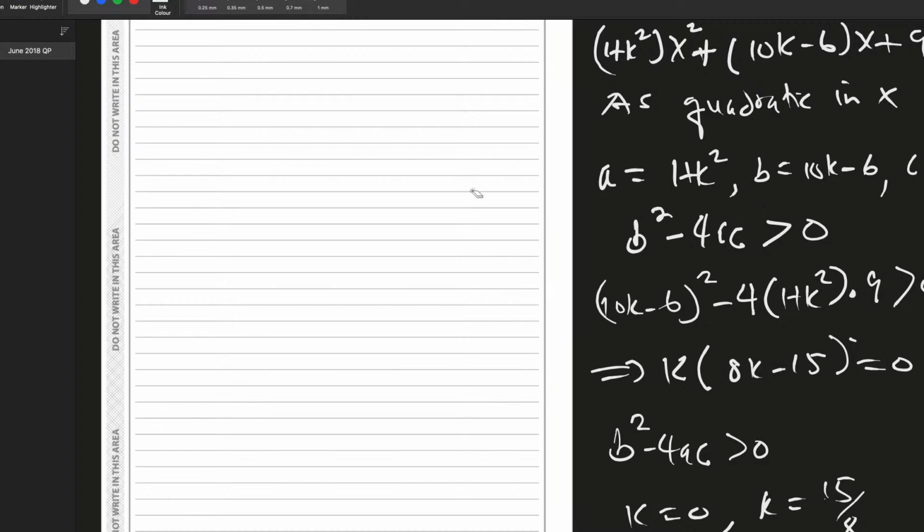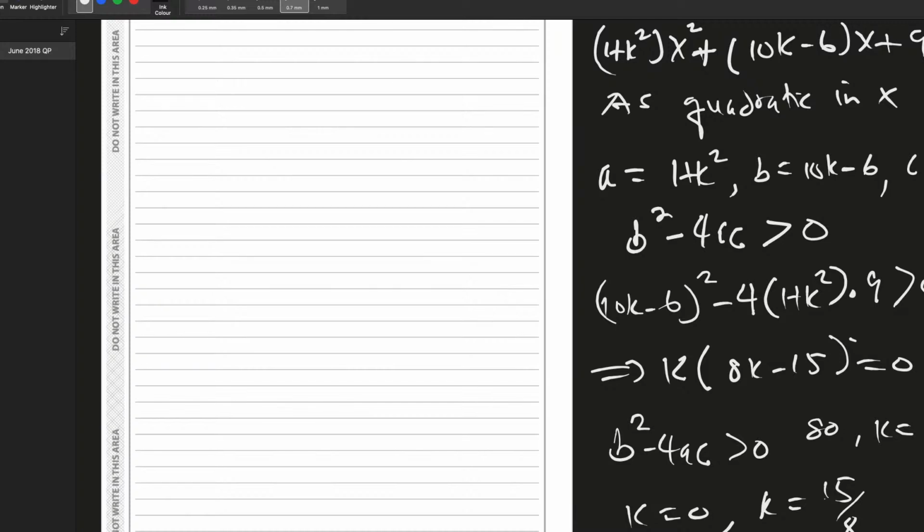Right. So that's where we are. So this means k is equal to that. And when b squared minus 4ac is greater than 0, then our k will be equal to 15 over 8.